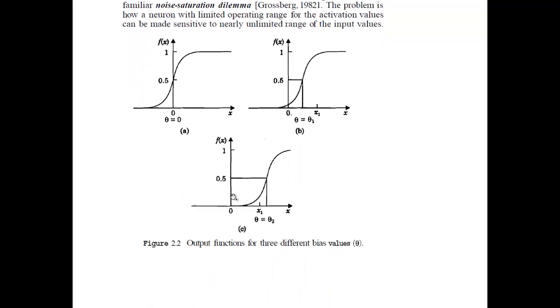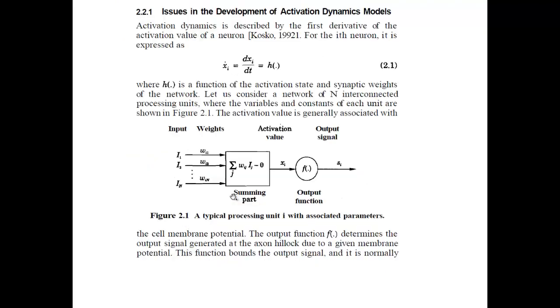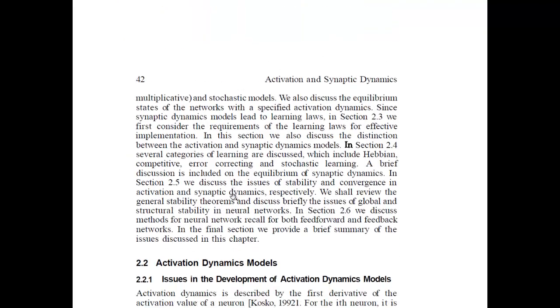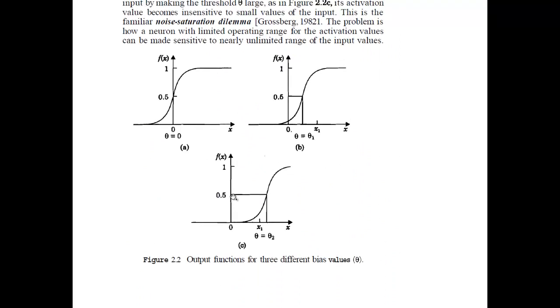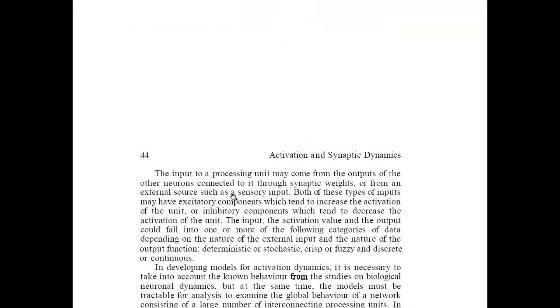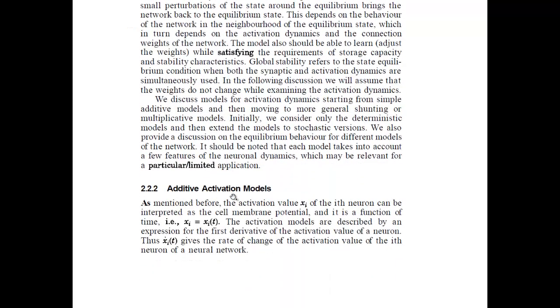So this is all the literature which you can go through for the issues in the development of activation dynamic models. The output functions with three different bias values. Now this is all the literature required for the understanding of the activation and synaptic models, which I have already briefly elaborated to you.